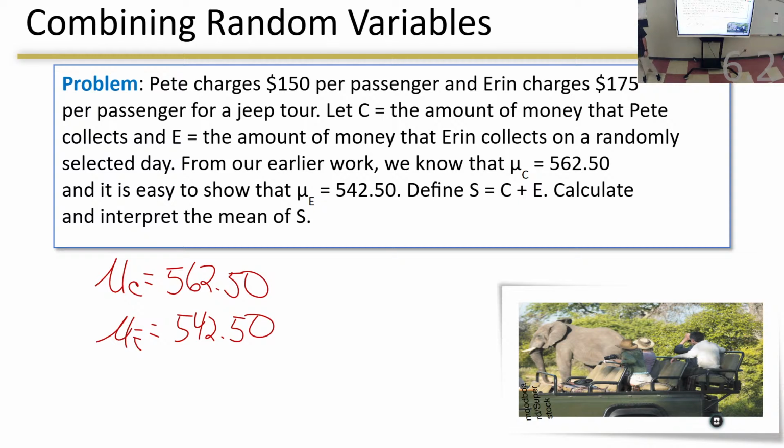I want to find out how much money they make together, because at the end of the day, they're brother and sister and they share. If they tell you to define S as C plus E, we're just going to add those two together, and that's going to be the combined total amount of money.